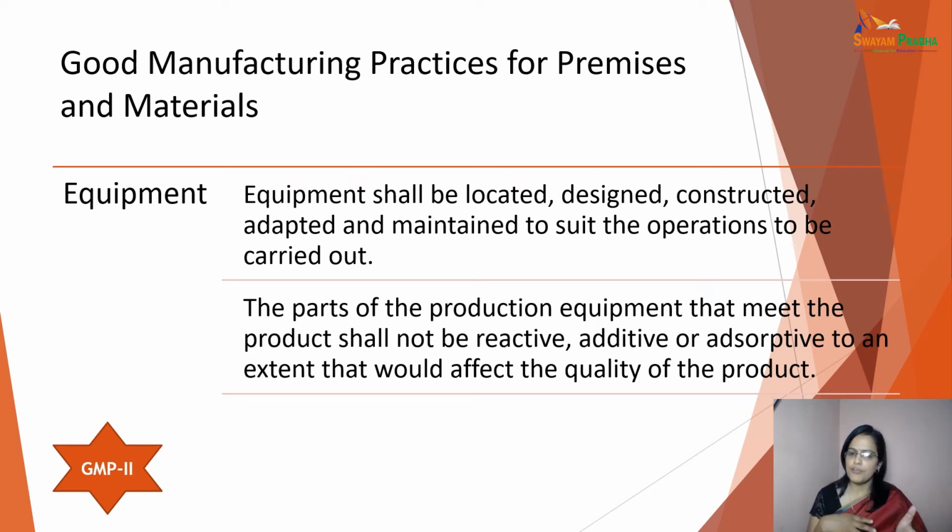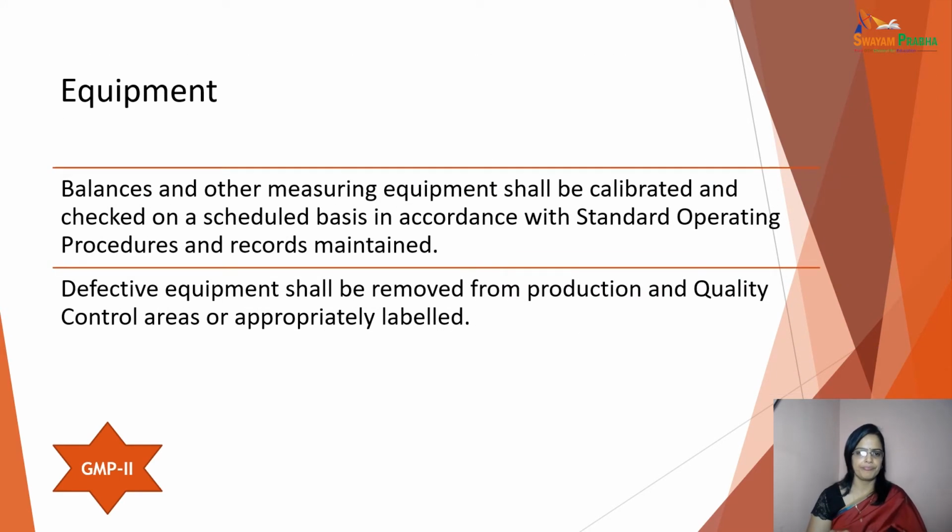The parts of production equipment that come into contact with the product shall not be reactive, additive or adsorptive to an extent that would affect the quality of the product. That means we are talking about the equipment which is used in the manufacturing process.